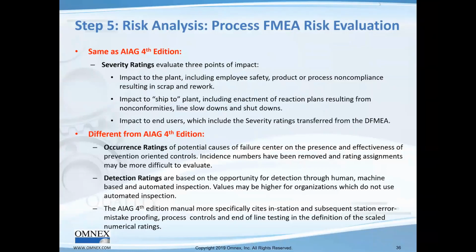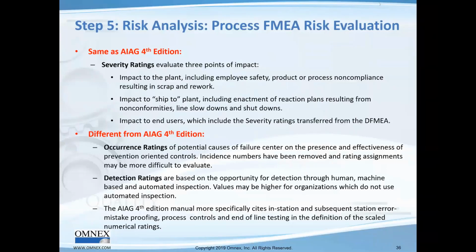All right. And what is different? I already mentioned to you the occurrence ratings. The ratings of that have changed. Detection ratings also have changed, and are based more on the opportunity of detection through human, machine-based, or automated inspections, okay?